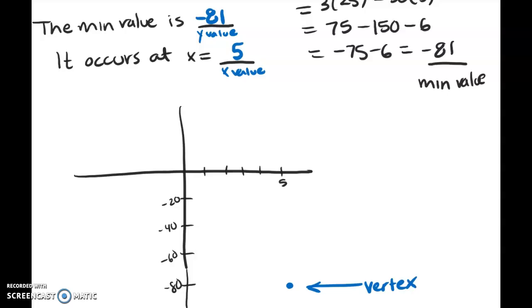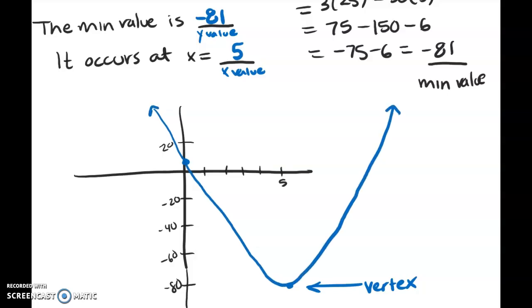And also, we don't know the x-intercepts, but we know c, and c was negative 6. So maybe that would be, let's say, about here. So I don't know the x-intercepts, but I do know the vertex, and I know the y-intercept. I know that any quadratic has this U shape, so it would look something like this. And I know that the lowest it's going to go on the y-axis, apologize, is negative 81, and then everything goes upward.